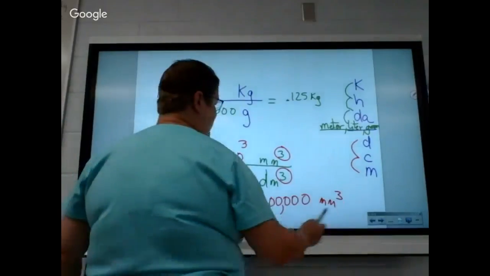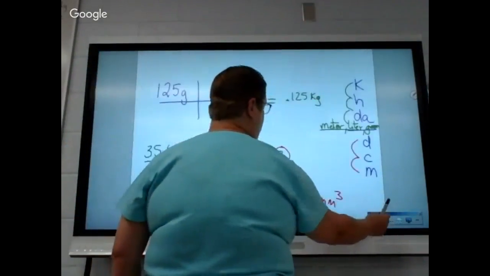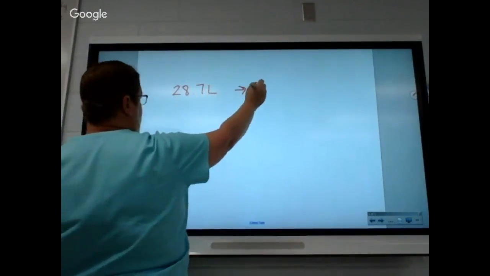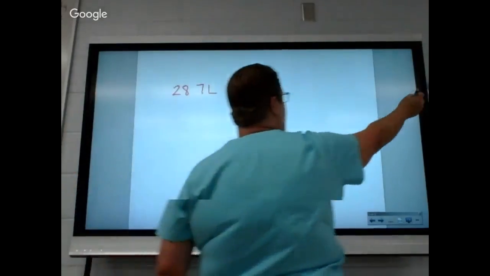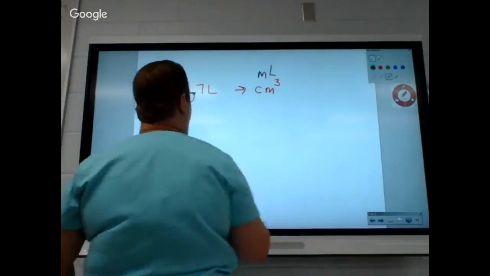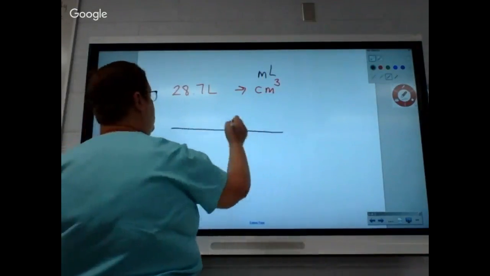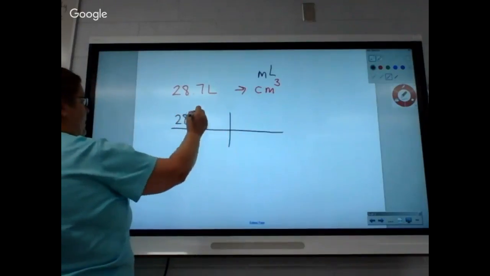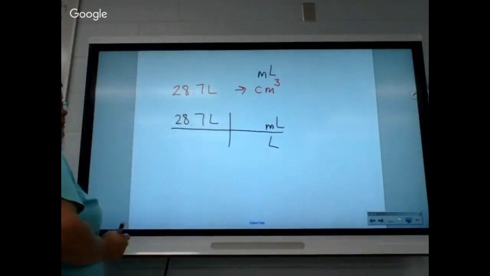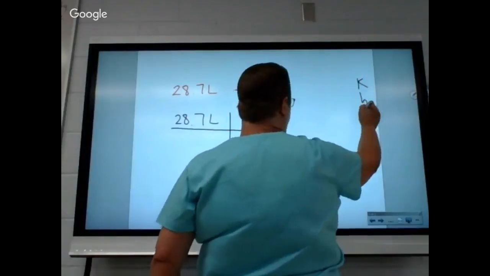All right, and the last one was 28.7 liters to centimeters cubed. What are we supposed to remember about a centimeters cubed? It equals a milliliter. So if I want to go liters to milliliters, all I have to do is 28.7 liters to milliliters. Who's bigger? Liter. How many spaces between? 3.